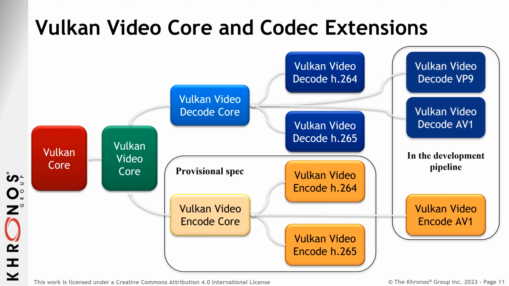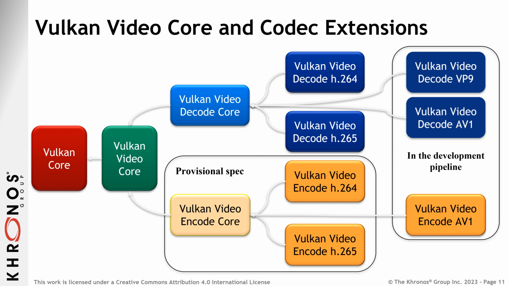Then in light blue on the top, the Vulkan video decode extension that adds the decode commands, along with, on the right side in darker blue, the decode H264 and H265 extensions, which are already released. And at the upper right side in darker blue, you could see the future extensions that the video TSG is working on. Those are the Decode VP9 and Decode AV1 extensions.